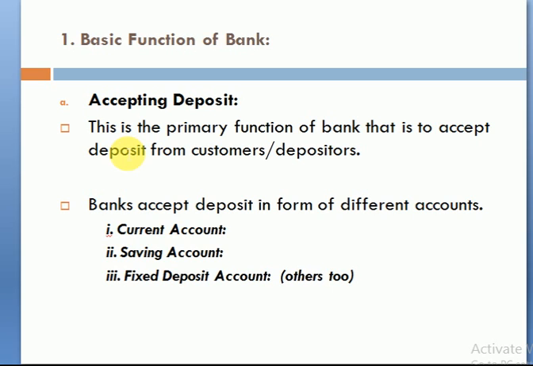It means that any time the customer wants to withdraw the money, he can access it. There is no restriction on the drawings. Mostly this account is held by businesses, because any time they need money for their business transactions, they can access their money. That's why this account is also known as demand deposits.